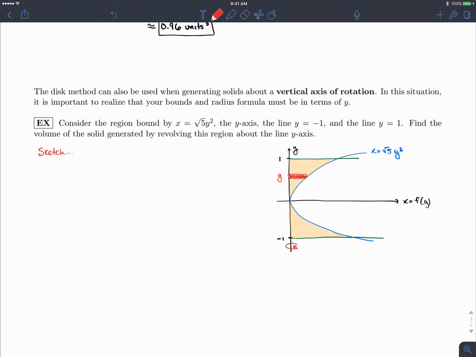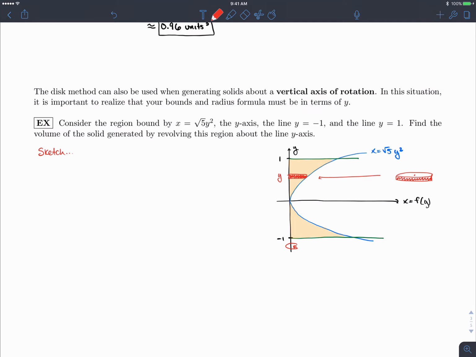And if you use your imagination, we could think that if we took this cross section and rotated it around the y-axis, we would generate a disk that's stacked along the y-axis, and we'd have a series of them all over to then get our full volume. So that's essentially what we're doing here.